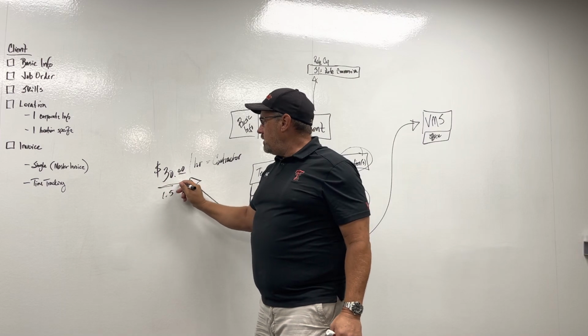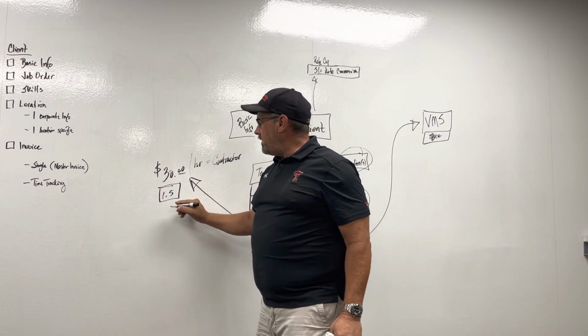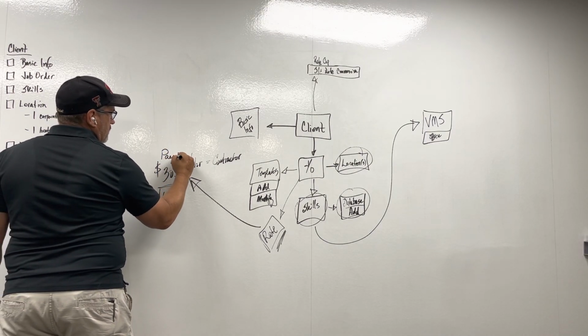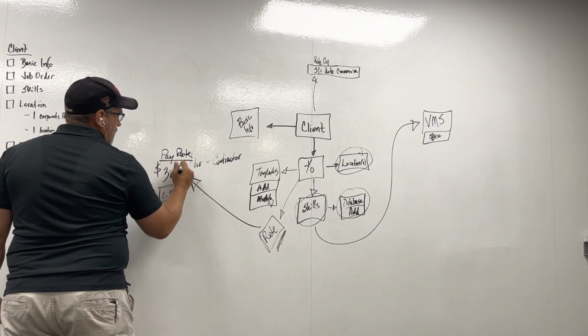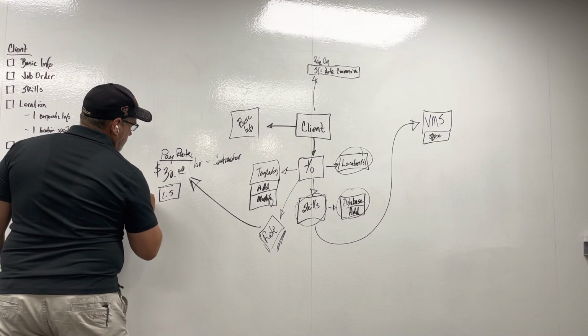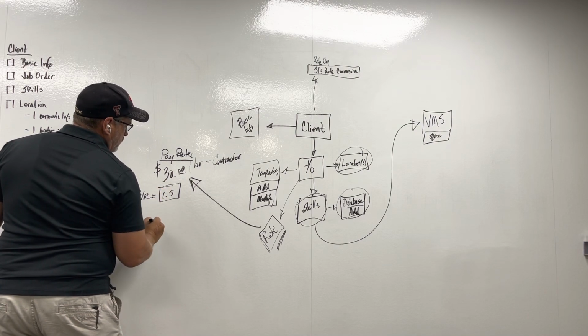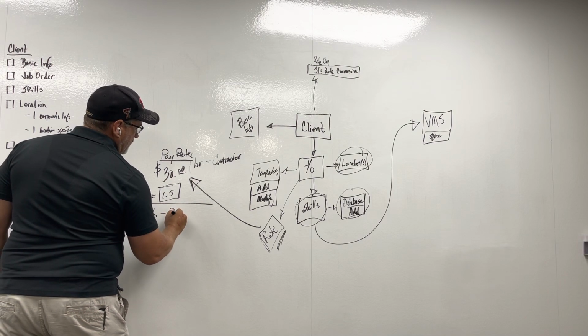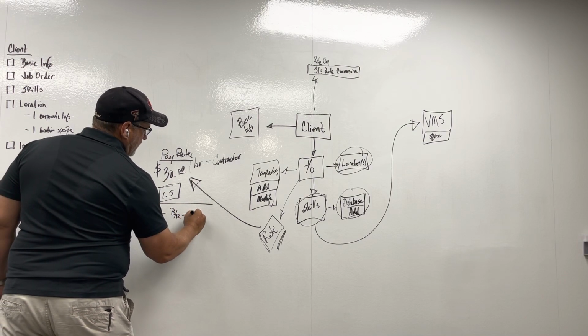If the rate in the industry is bearing 1.5, so this is the pay rate, and then the bill rate conversion equals 1.5. When that job order is released, the bill rate will be $45 an hour.